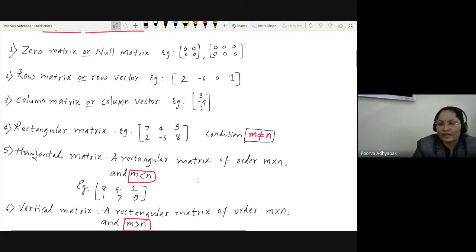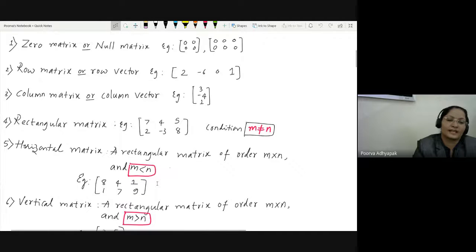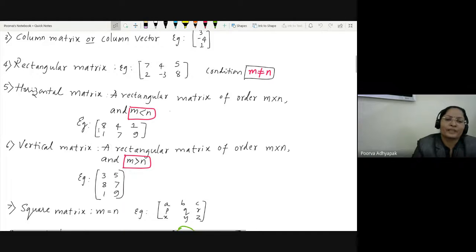It's a rectangular matrix of order m cross n, and the must condition is m should be less than n, means number of rows should be less than number of columns. The example can be 8, 4, 1, 1, 7, 9. Here number of rows is 2, whereas columns is 3. So definitely the condition m less than n is fulfilled.